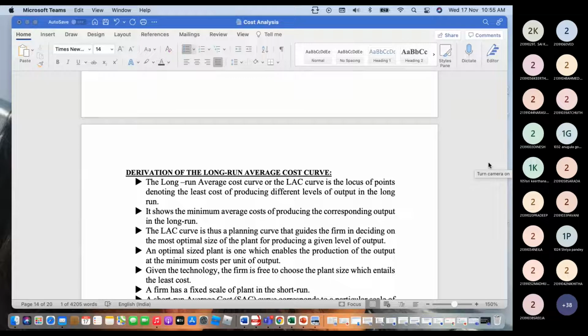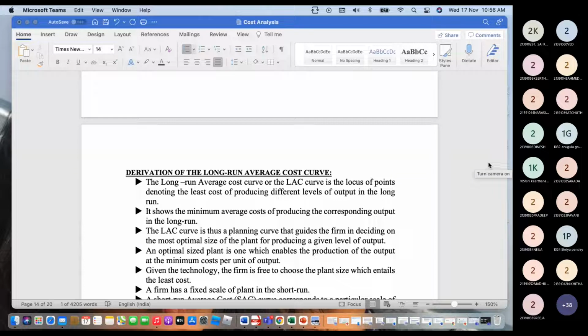I told you already before, students, that when we are talking about the short run, the producer has certain fixed factors. On the fixed factor, the producer is employing the variable factor to produce a desired level of output. If he wants to expand his level of output, he can put more of the variable factor on the fixed factor.